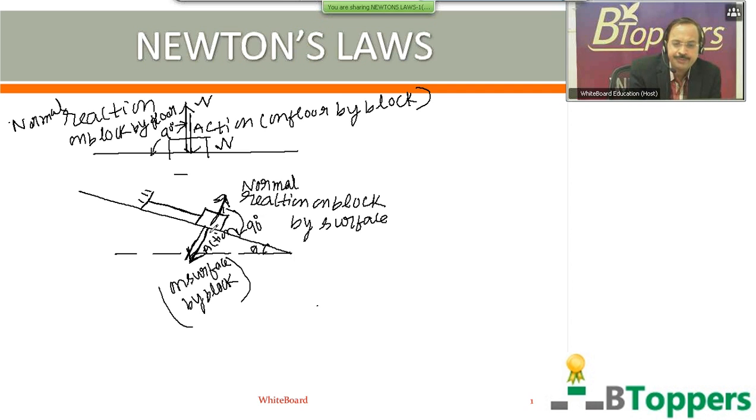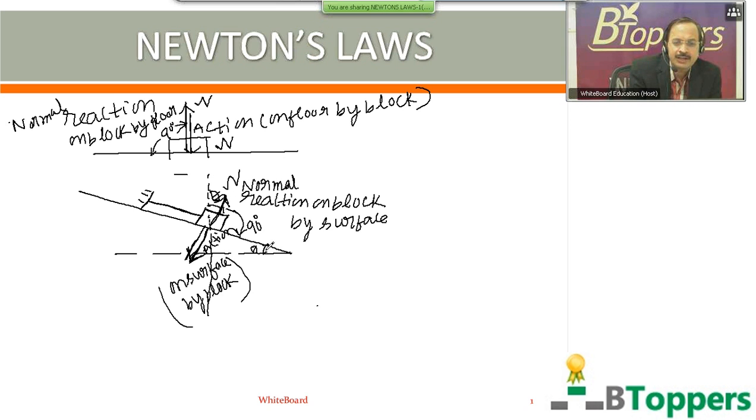You can observe that in this case, the normal reaction force on the block is not directed vertically upwards. From the situation, you can observe that the normal reaction force on the block by the inclined surface makes an angle theta with the vertical direction.